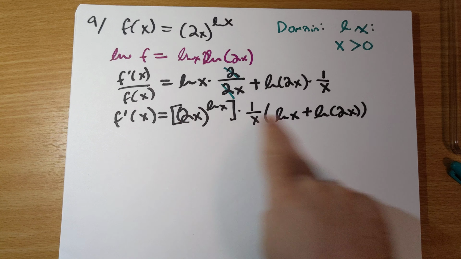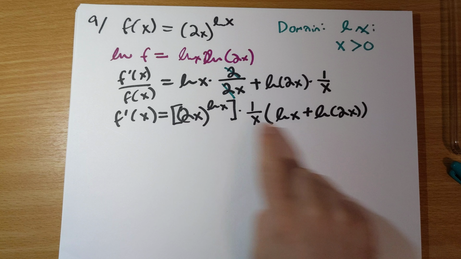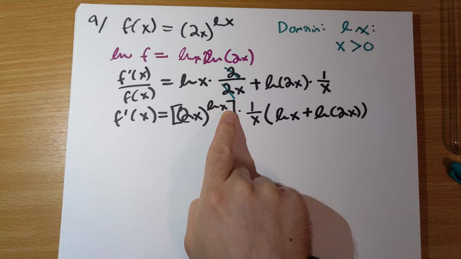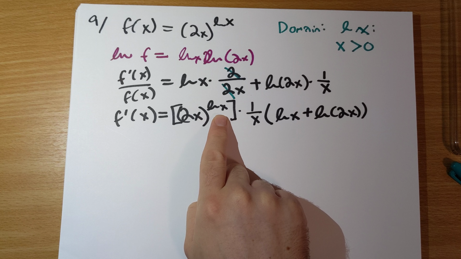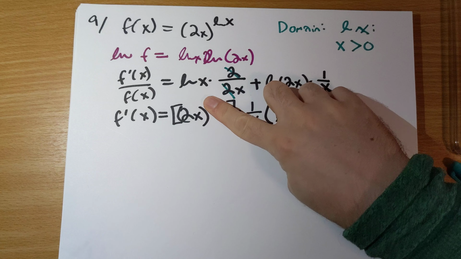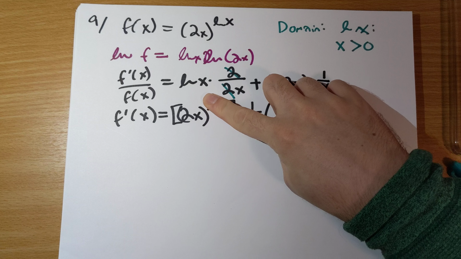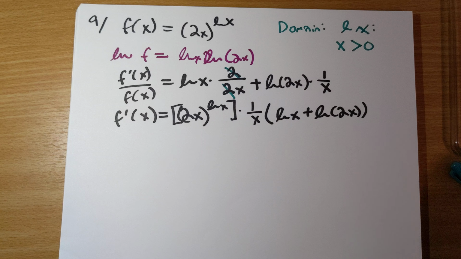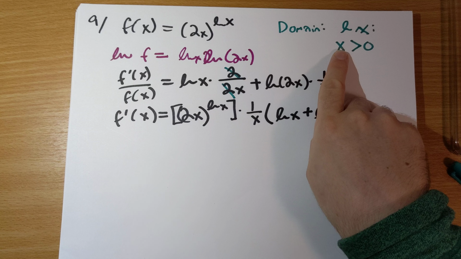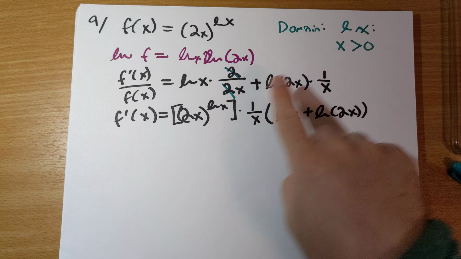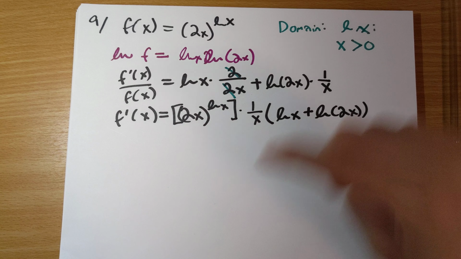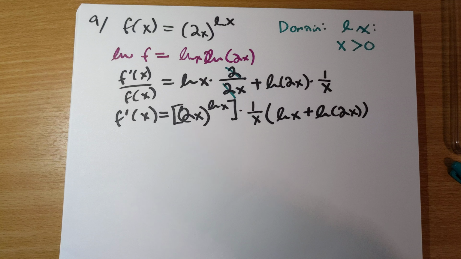First let's parse this from left to right. So, 2 times x raised to the power natural log of x. When is this 0 or when is this undefined? Well, 2 times x would be equal to 0 when x is equal to 0. But x equal to 0 is explicitly eliminated from the domain of our original function. I said we'd be using this later because of the natural log of x here.